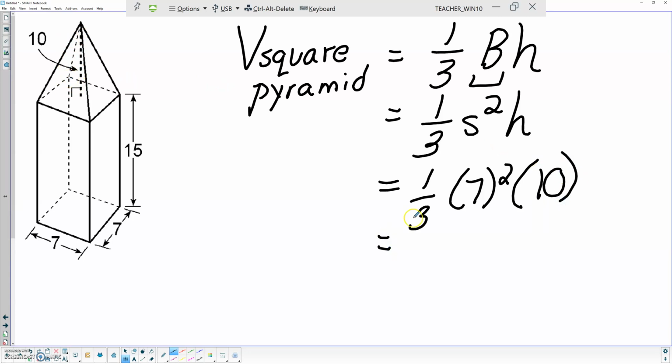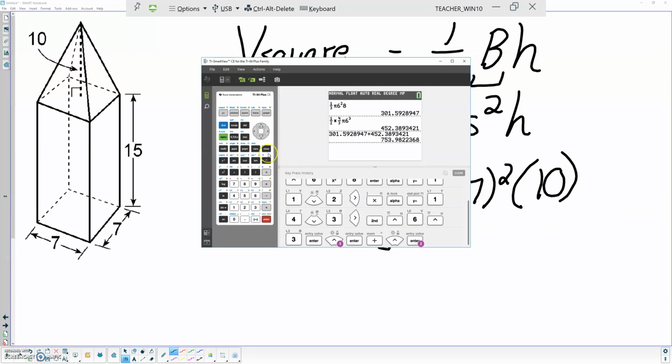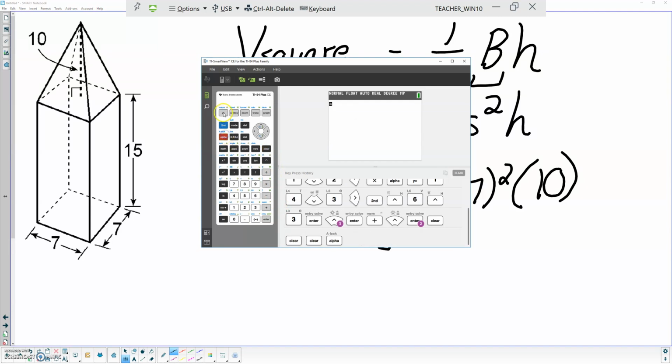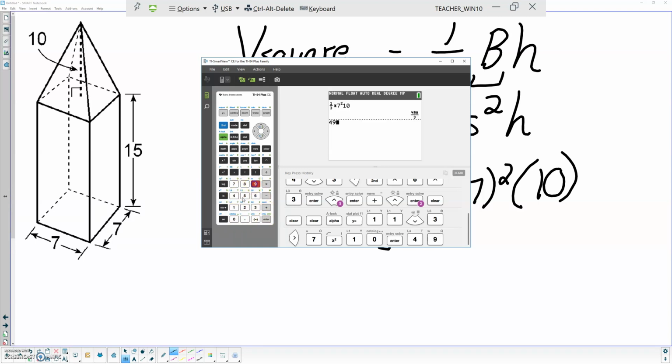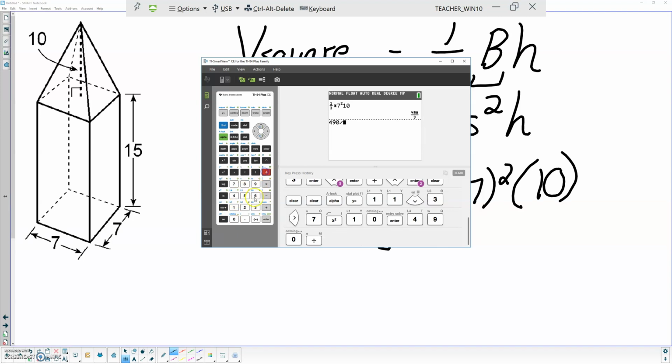Going to our calculator, we have 1/3 times 7 squared times 10. So 490 divided by 3 gives us 163.33333.